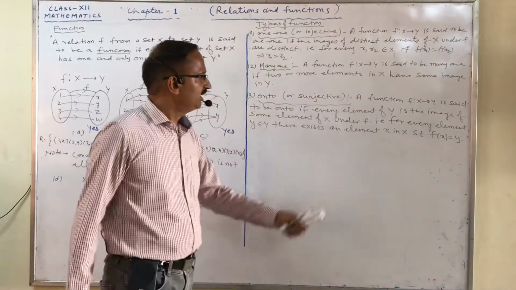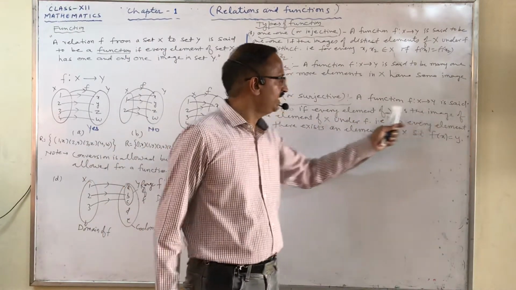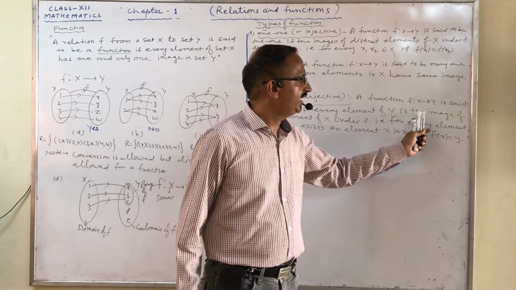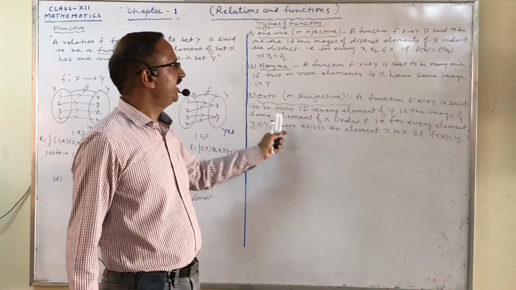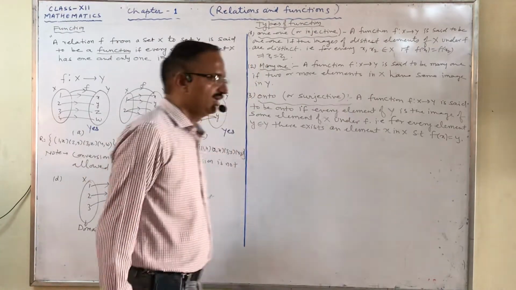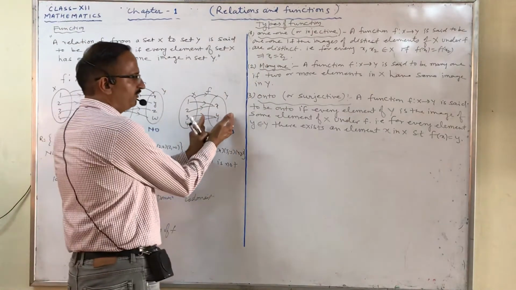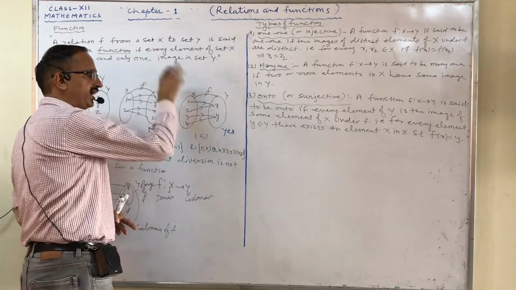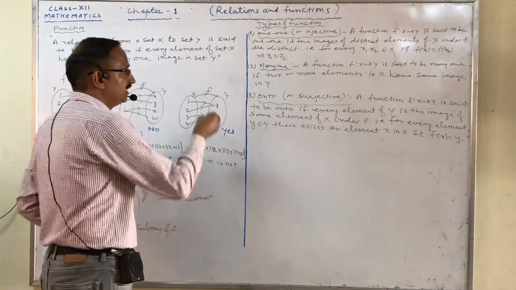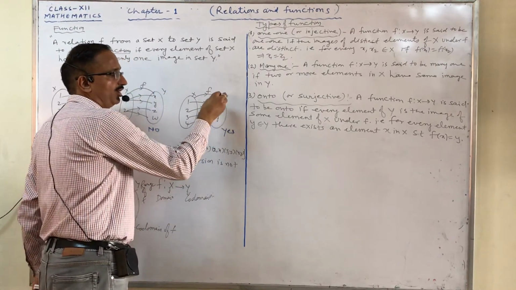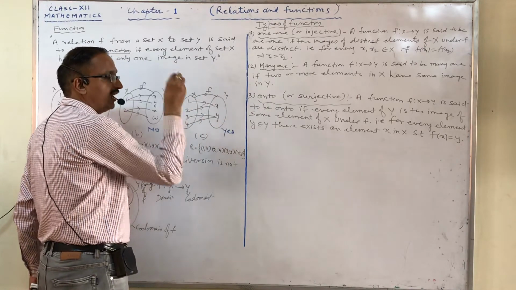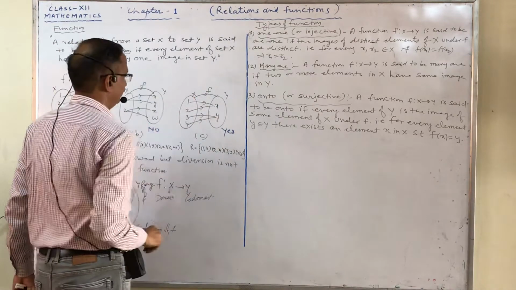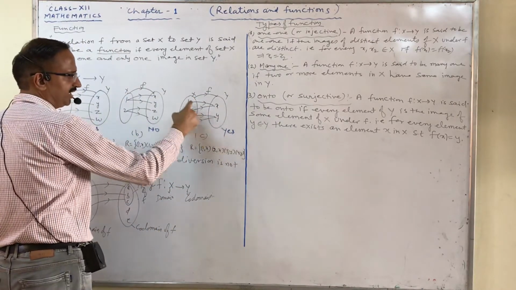Look at the definition. A function f from X to Y is said to be onto if every element of Y is the image of some element of X under f. Every element of Y must be the image of some element of X. In this, both the elements are associated.